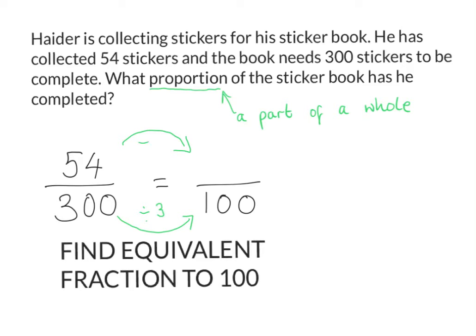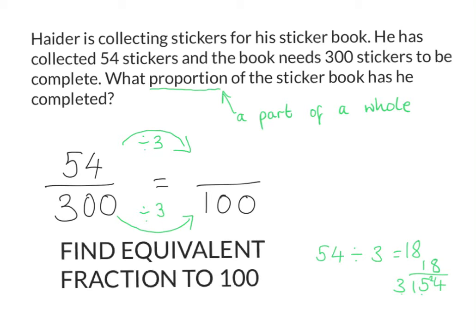So I'm going to do the exact same thing to the top. I'm going to do 54 divided by 3. And I'm going to use my short division to help me with this. So 3 goes into 5 once with 2 left over. 3 goes into 24. 3, 6, 9, 12, 15, 18, 21, 24. 8 times. So 54 divided by 3 is 18.